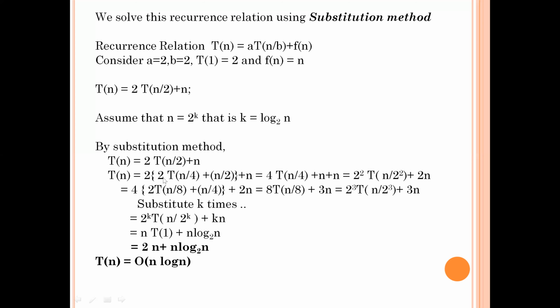Now open the brackets and simplify. 2 into 2 becomes 4, so 4 T of n by 4, plus 2 into n by 2, where the 2 is gone, so you get n. So n plus n. To generalize the equation, that is 2 square T of n by 2 square plus 2n.